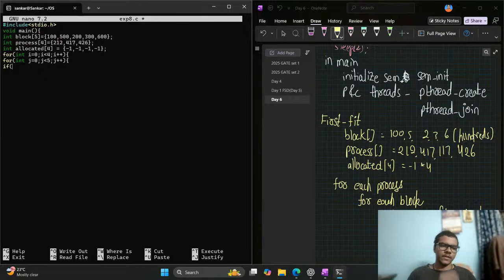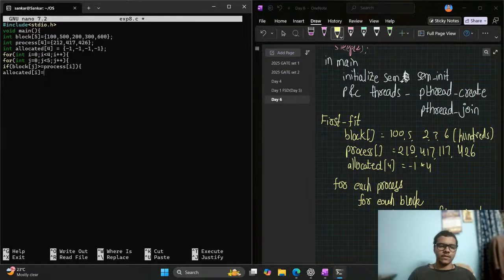If process fits in block, that means block of j is greater than or equal to process of i. Then what will you do? If it fits in block, then allocated of i is equal to j.